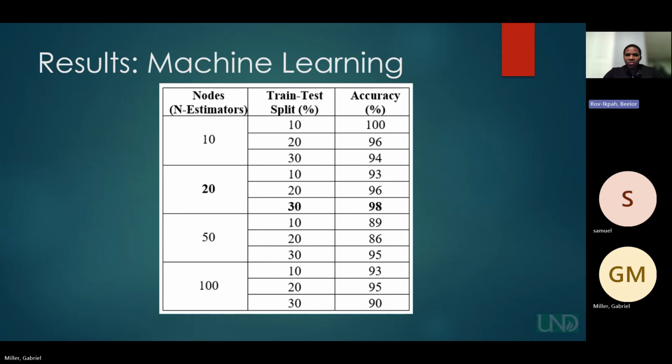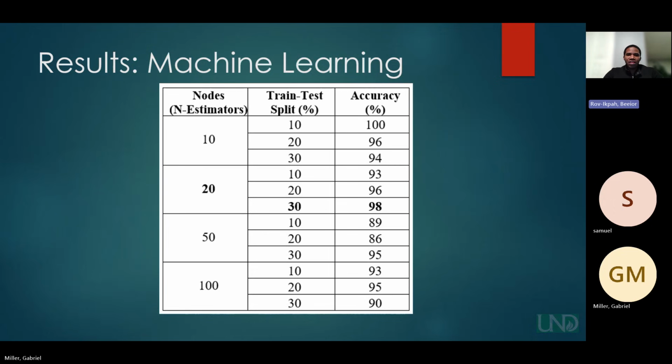Right there, you can see where we have 10, and when we have 10% of the data as testing, we have 100% accuracy. In a real-world situation, you don't have that much test data, so that was not optimal. We didn't choose that for that reason.